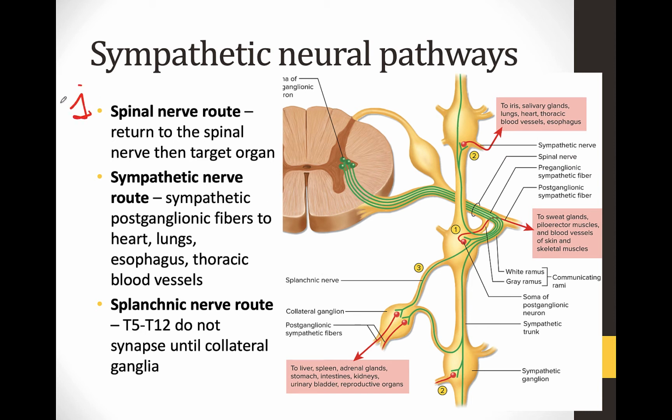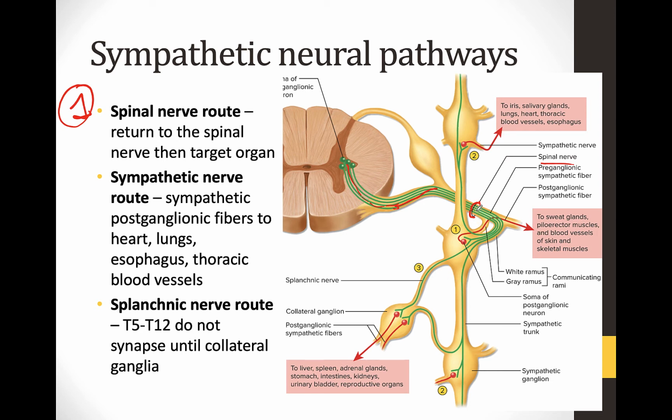So number 1 is the spinal route, and these numbers are going to correspond on here. So number 1, we're looking at the nerves come out of the spinal cord, down the ventral root here, and then out into the spinal nerve. So you can see that this part here is the actual spinal nerve where it's going to come out of the vertebral column.